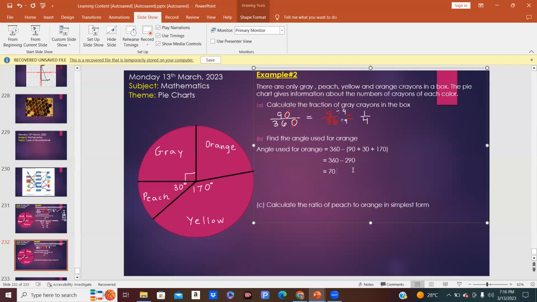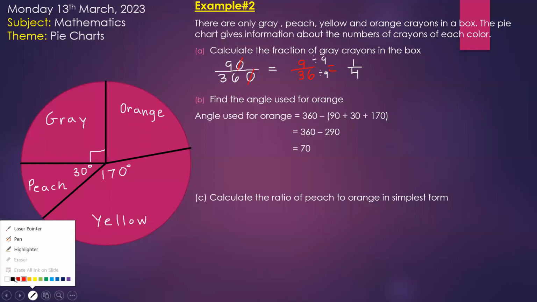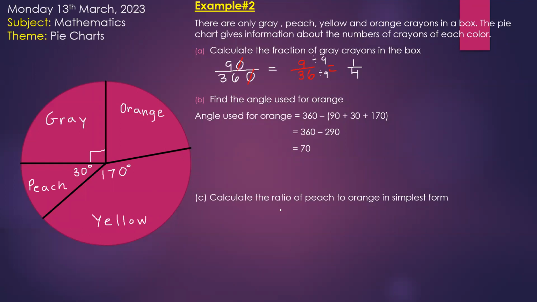Now you need to figure out the ratio of peach to orange. So let's do that. We have peach to orange.